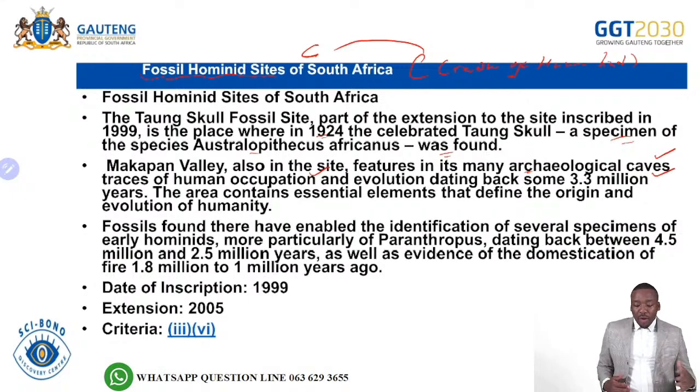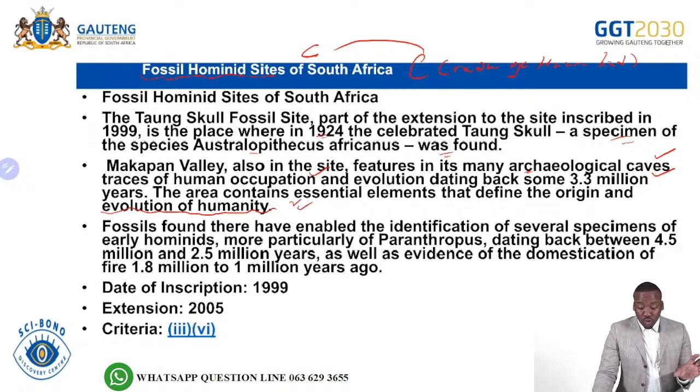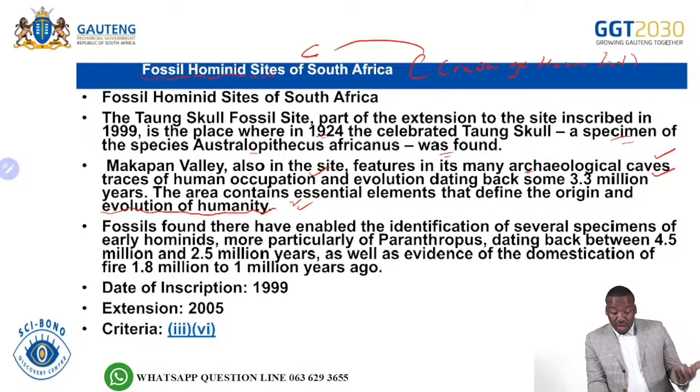So this is whereby you're going to get some history in terms of evolution, apparently how we were made and so on, some discoveries in terms of science, right? The area also contains essential elements that define the region and evolution of humanity, right? So you're going to learn about all those things in terms of evolution, in terms of science.